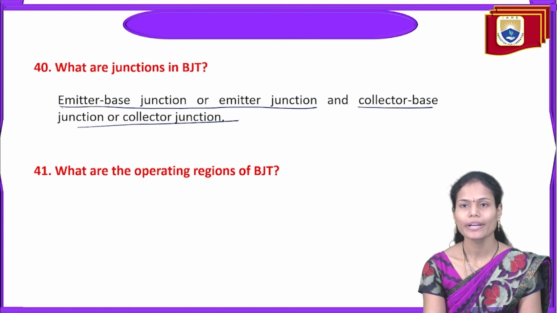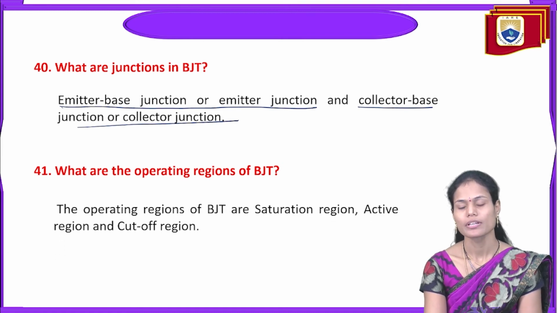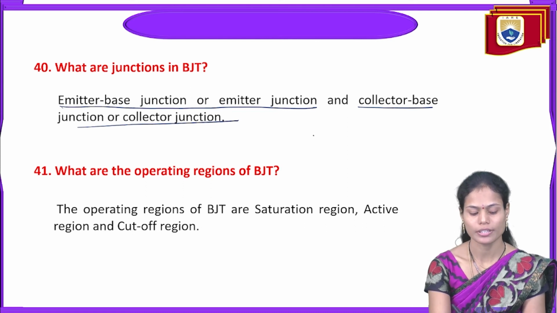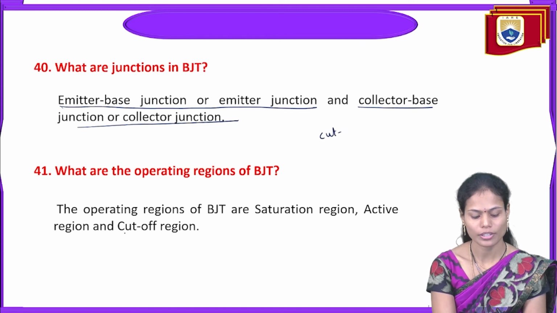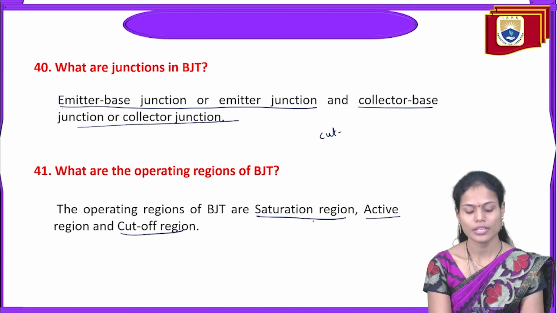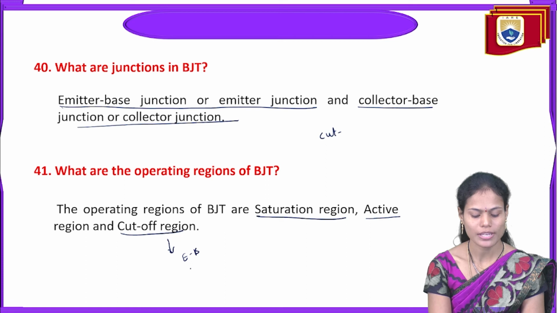Next, what are the operating regions of the BJT? Generally, a BJT operates in three regions: cutoff region, saturation region and active region. In the cutoff region, both the emitter base junction and the collector base junction are reverse biased.